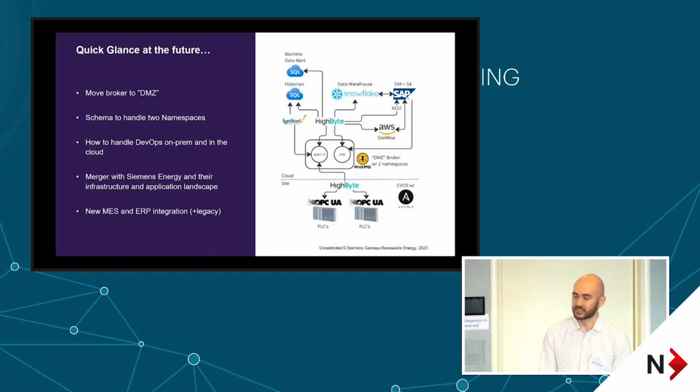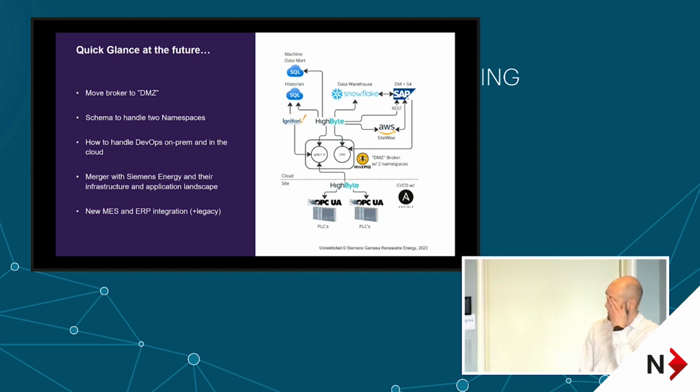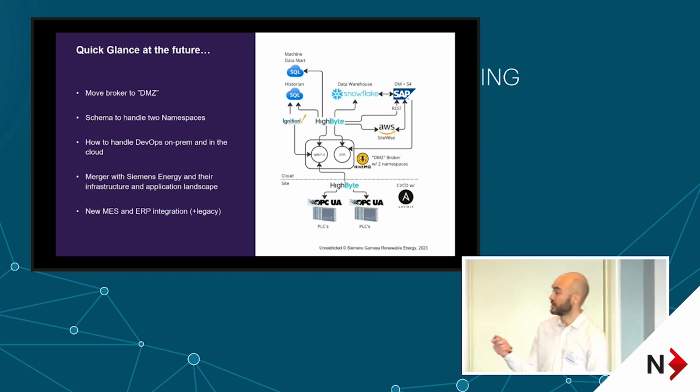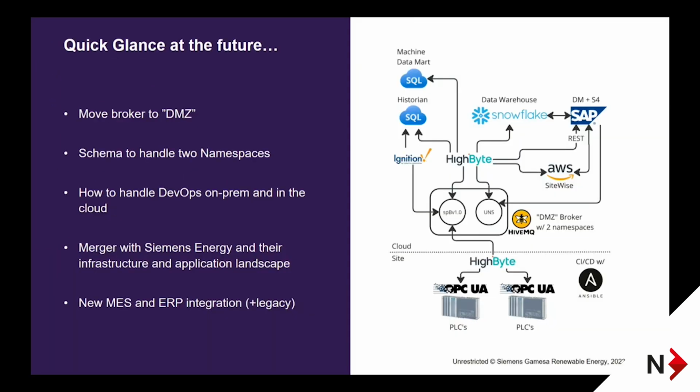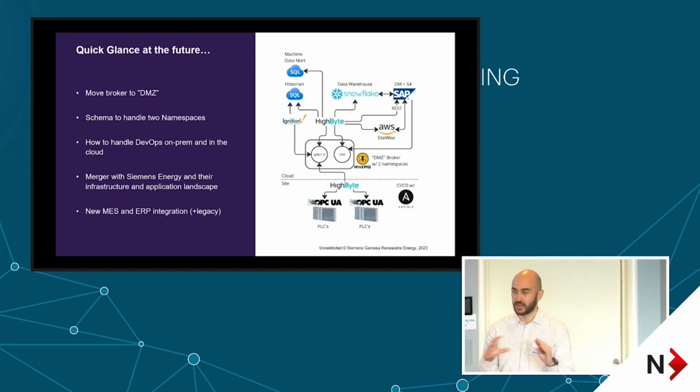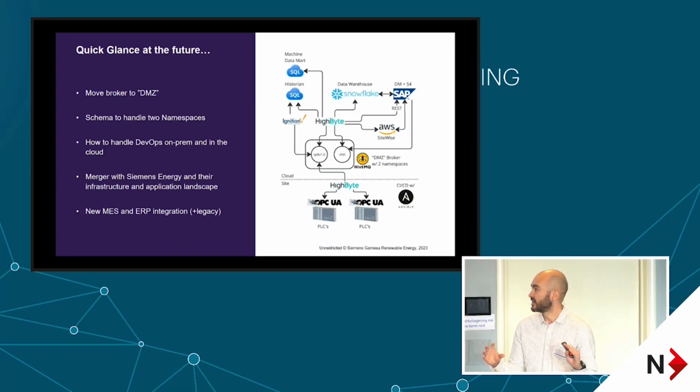So just a bit on the future of where we are going. Currently we are looking into moving the broker to a demilitarized zone. So we have our own data center, so we probably keep it completely on-prem, air-gapped. Then we're also looking into splitting out the namespaces.